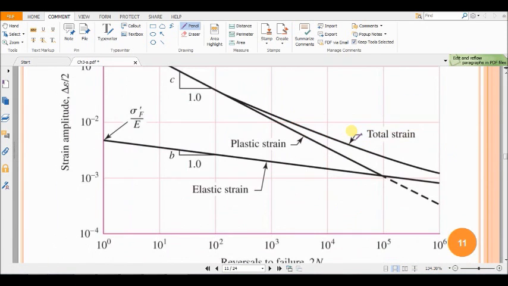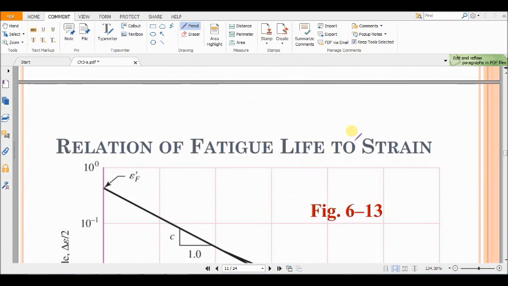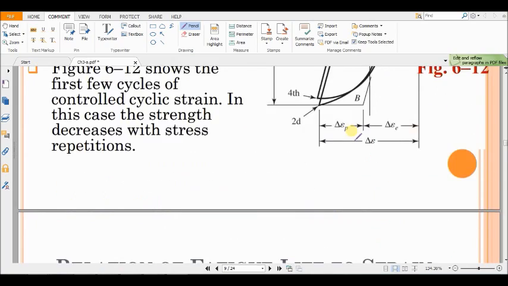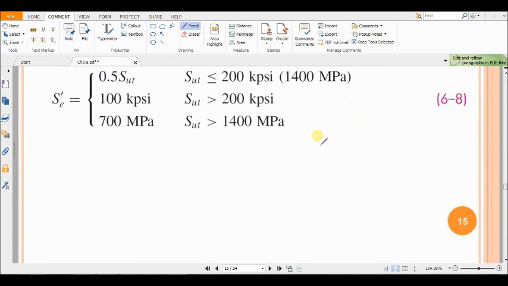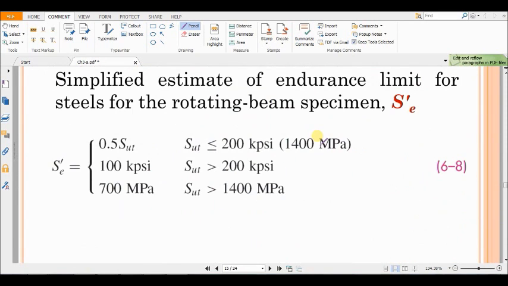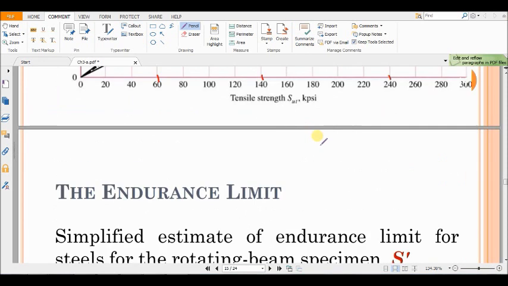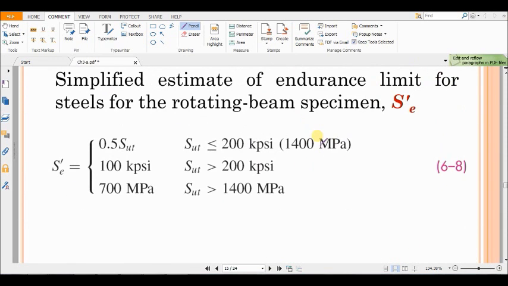Okay, here I'm not going to explain how to draw these graphs, because we don't have enough time. I just intend to explain some important parts of this chapter.